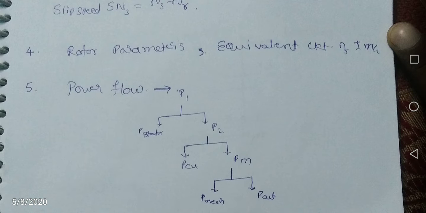So RL equals R2 by S minus R2, that is, RL equals R2 into (1 minus S) by S, or R2 into (1 by S minus 1).